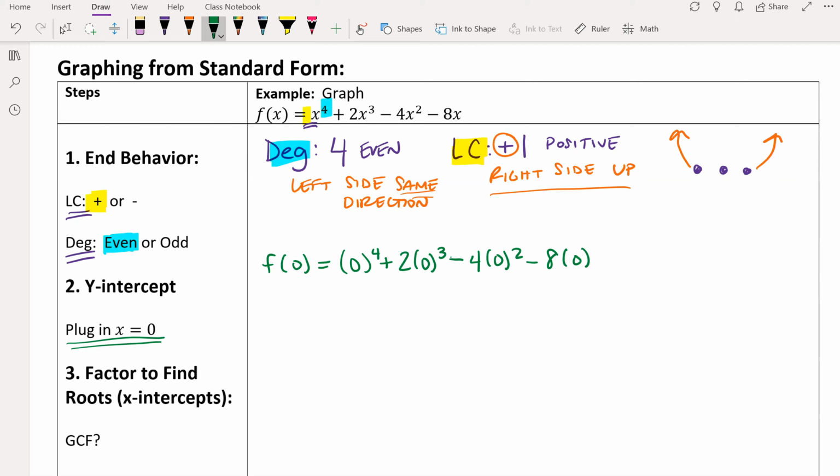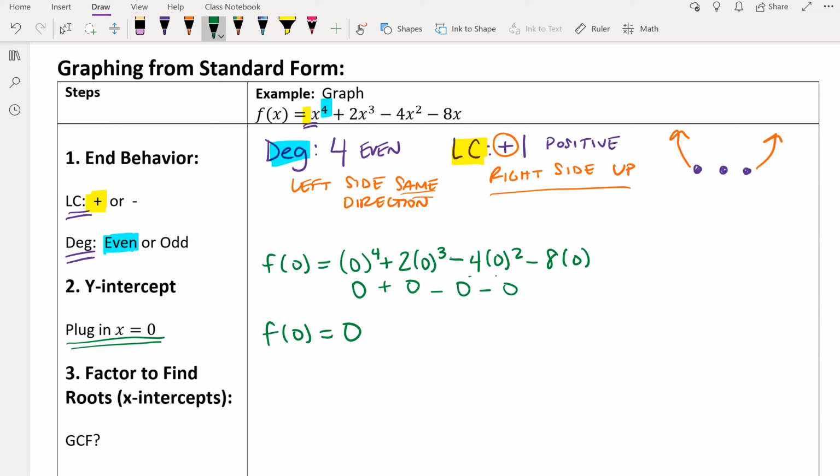Okay, and then if we do this math, we have 0 to the fourth, that's 0. This is 2 times 0, that's 0. Minus 4 times 0, that's minus 0. Because 0 squared is 0, 0 cubed is 0. Minus 8 times 0, that's 0. So what do we get? F of 0 equals 0. So I'm going to write that down here.